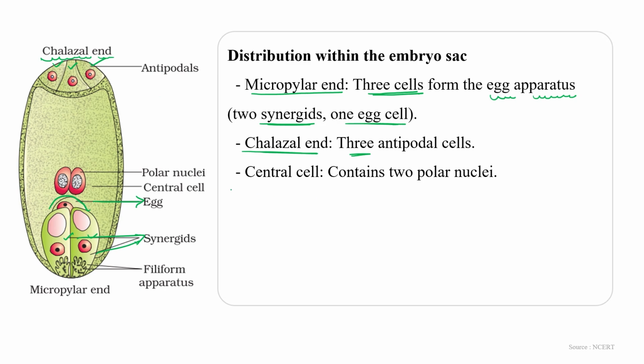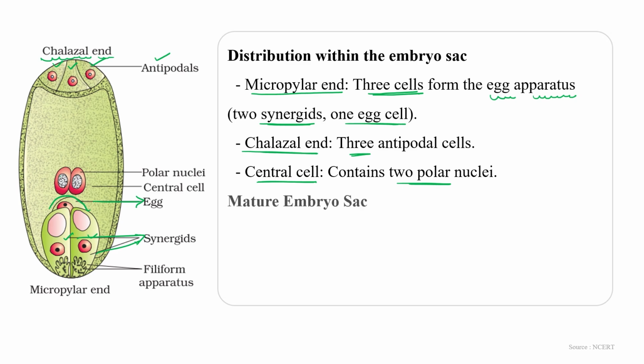And the central cell is present, which contains 2 polar nuclei. So again I'll count: 1, 2, 3, 4, 5, 6, 7, 8. Again 8 nuclei are there. 3 present here as antipodal cells, 2 as synergids, 1 as the egg cell, and in the center, the central cell has 2 polar nuclei.